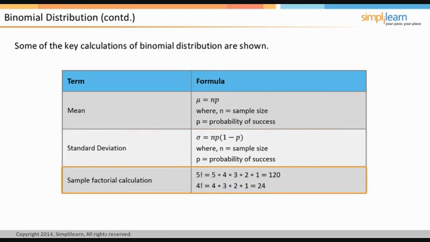The method of calculating factorials, say factorial of 5, is the product of 5, 4, 3, 2, and 1, which is equal to 120. Similarly, factorial of 4 is the product of 4, 3, 2, and 1, which is equal to 24. Let us look at an example of calculating binomial distribution in the next screen.